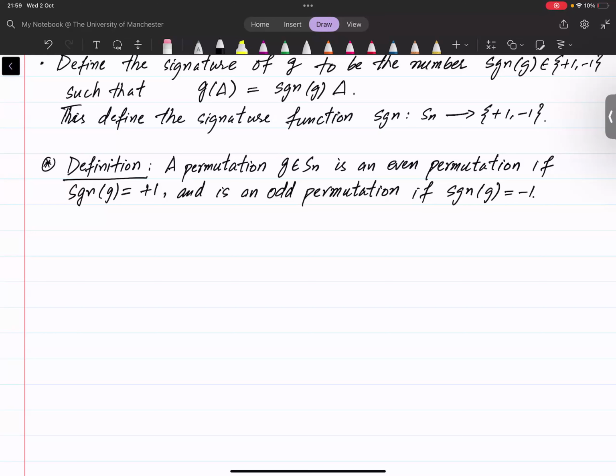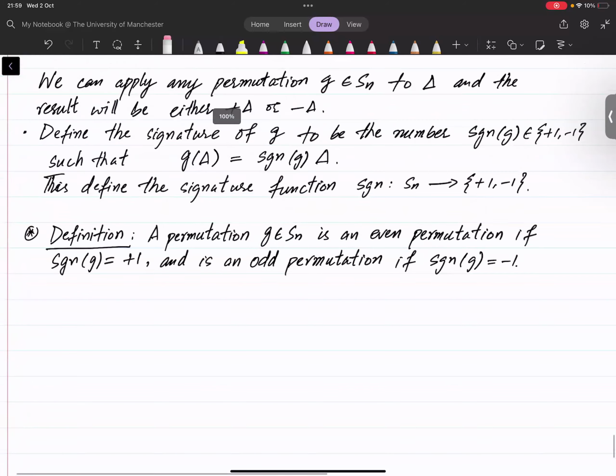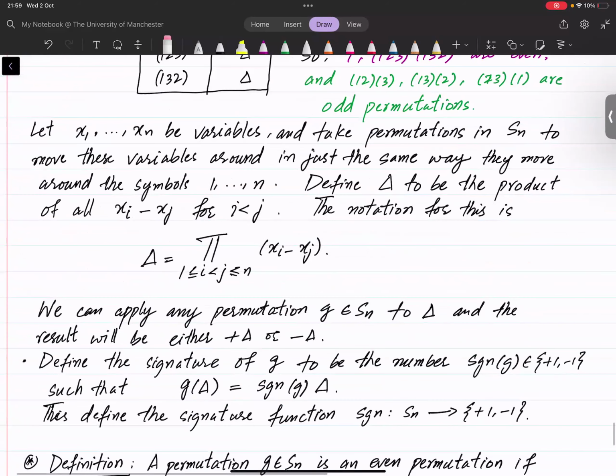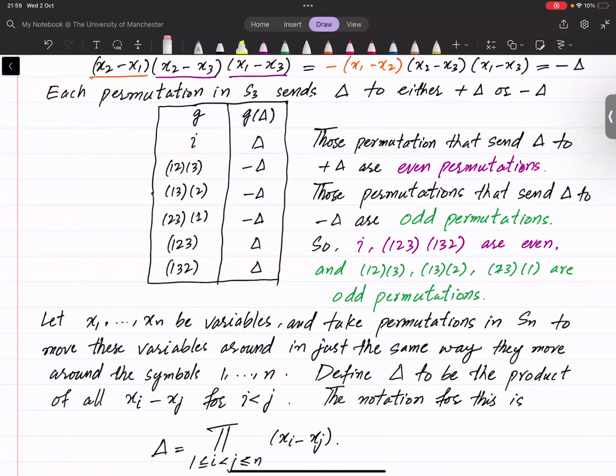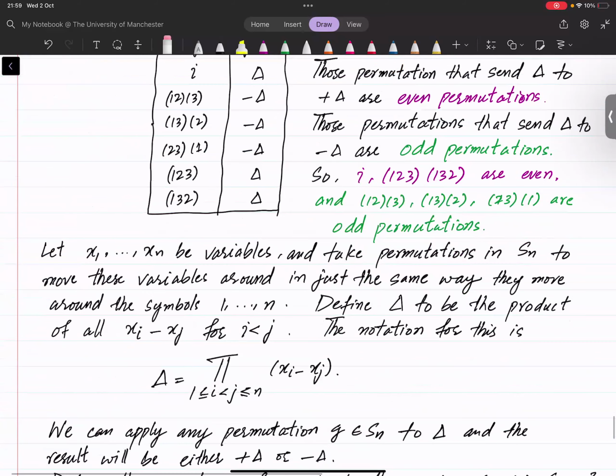In the statement of part 2, a 2-cycle (A B) just means the permutation in Sn that swaps A and B and sends everything else to itself. So that we call a 2-cycle. If you want to see the example, all those odd permutations in S3 are 2-cycles. Okay.